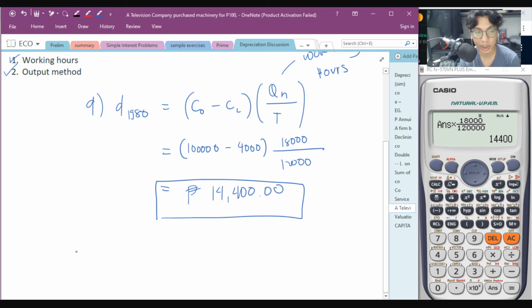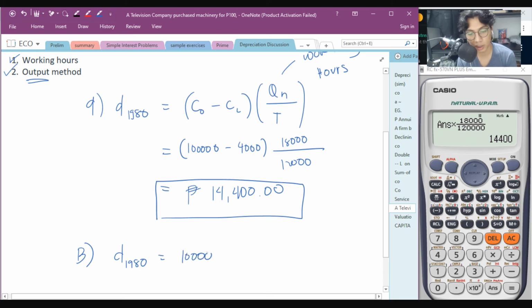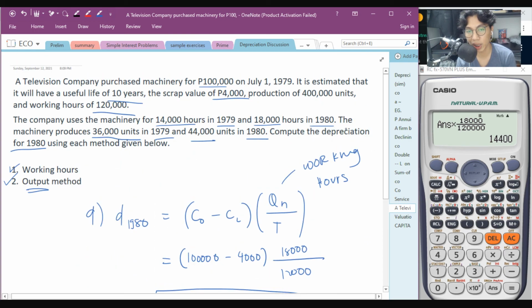So, letter B, yung depreciation niya in the year 1980 with the use of service output. Okay, yung production of units. Output, yung naging output niya at the year 1980. So, 100,000 minus 4,000. Tapos, ilan yung production of units niya?